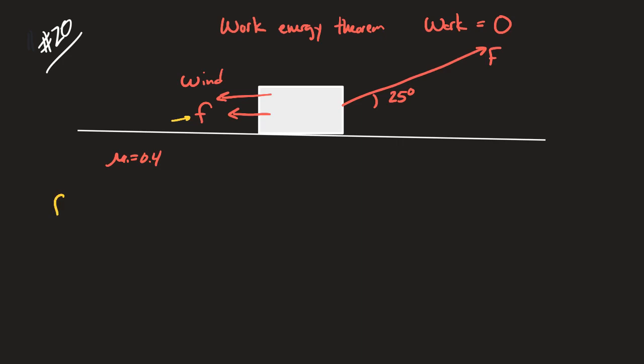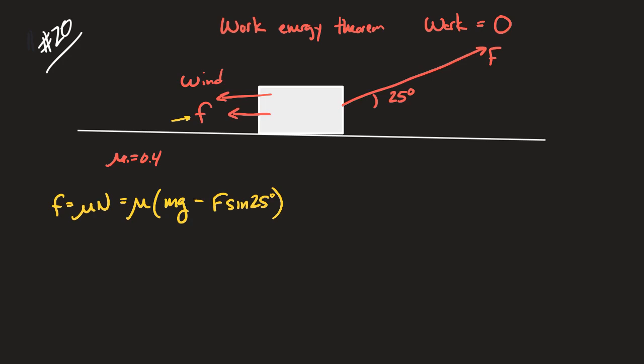Now, the big part of this that's tough is the frictional force here. I'd love to say that the frictional force would just be mu times the normal force. And although that is true, the normal force isn't the weight of the box. The normal force is going to be, well, in this case, mg minus F sine 25.